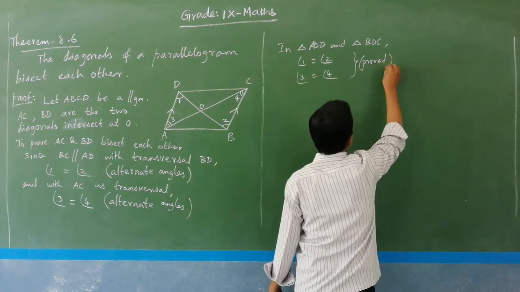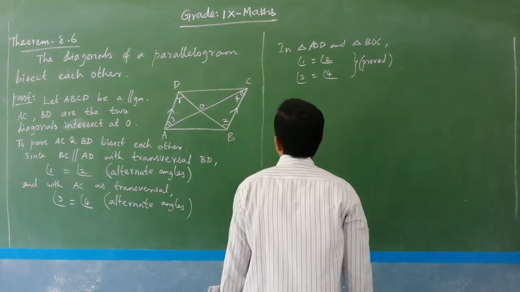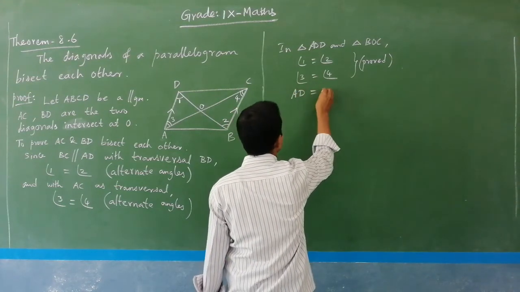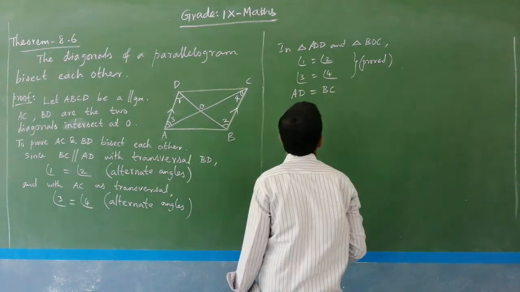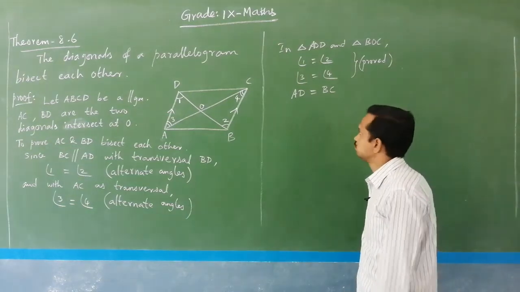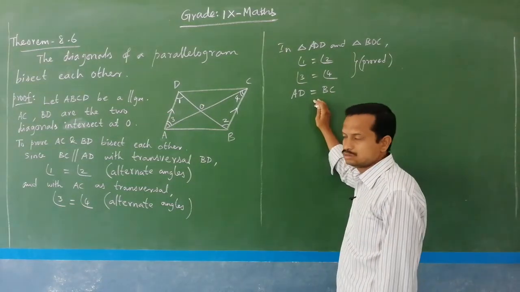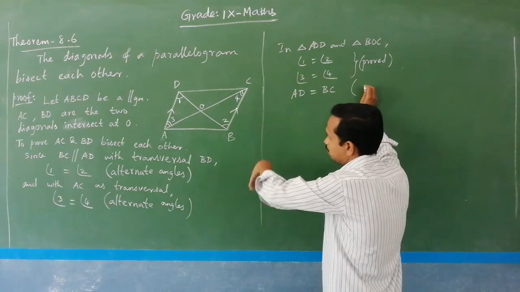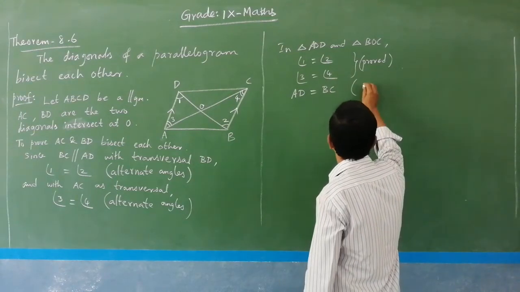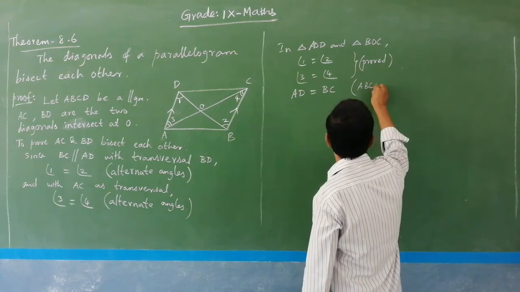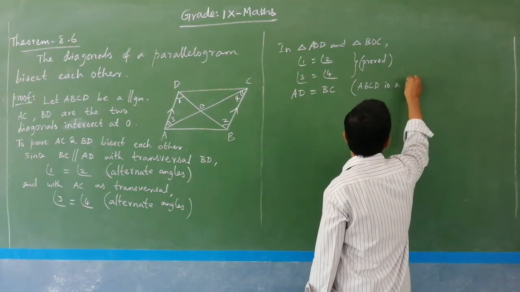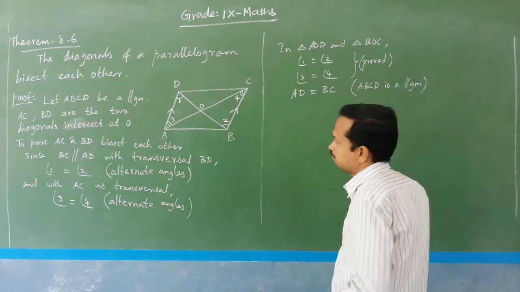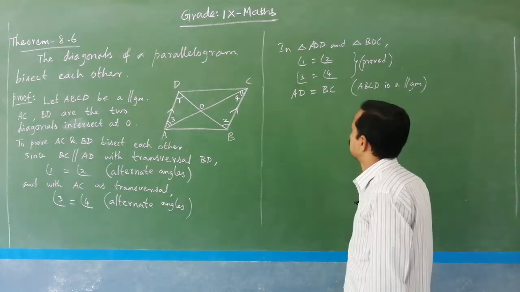And one more thing, side AD is equal to side BC of triangle BOC. You know the reason? Because ABCD is a parallelogram, therefore, opposite sides are equal. So, parallel and equal, we are taking that also.